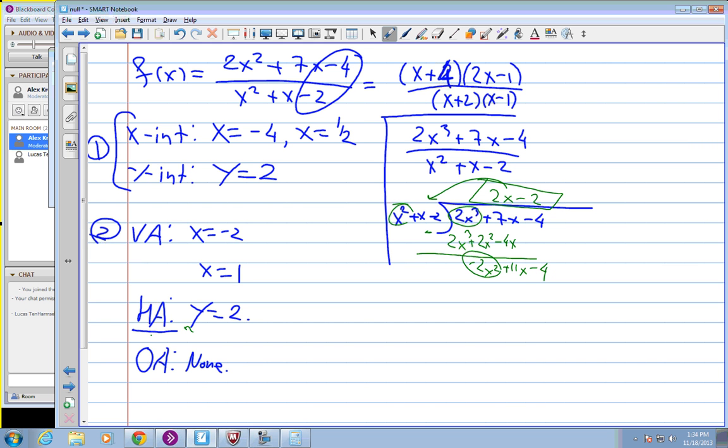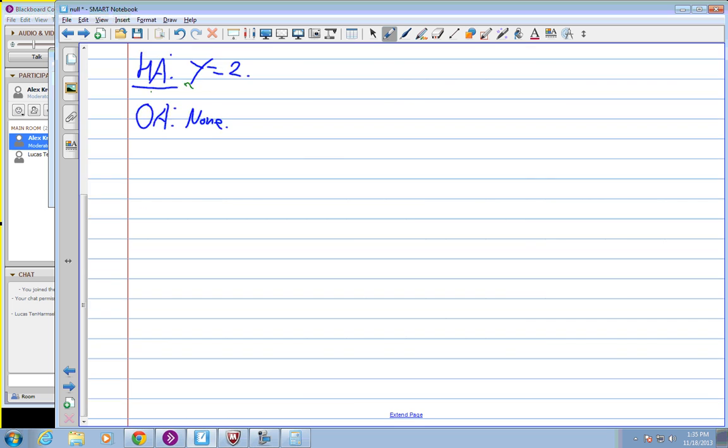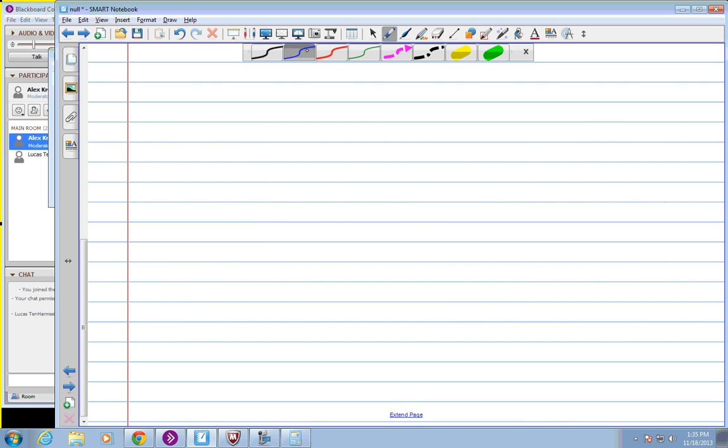The horizontal asymptote really kicks in for large values of x, and it's still okay to cross it. While the vertical ones, those are out of limits. We can cross the horizontal, no problems.